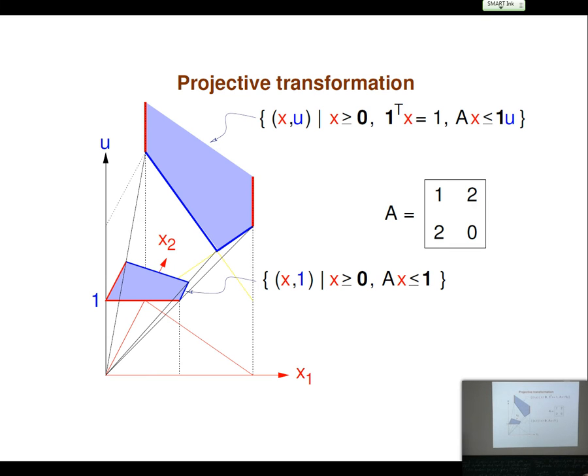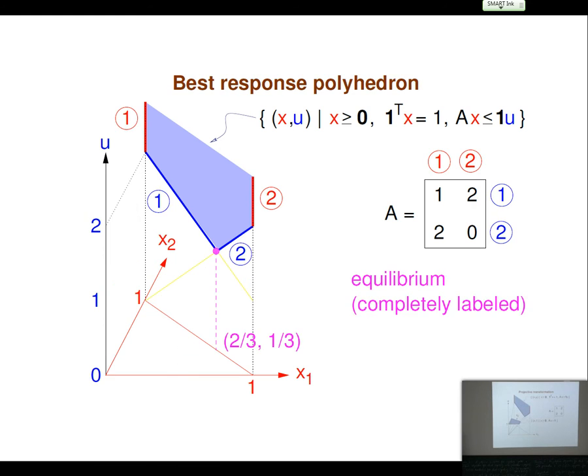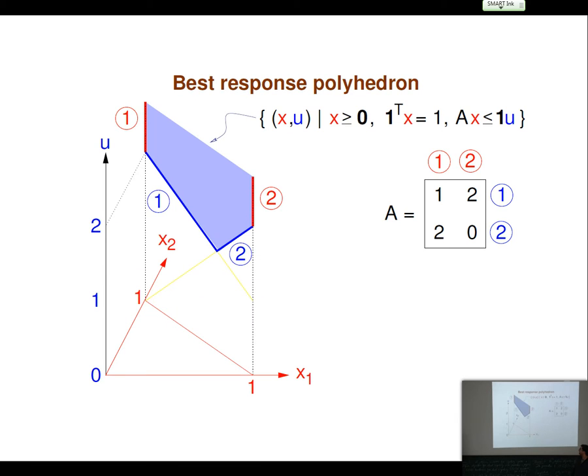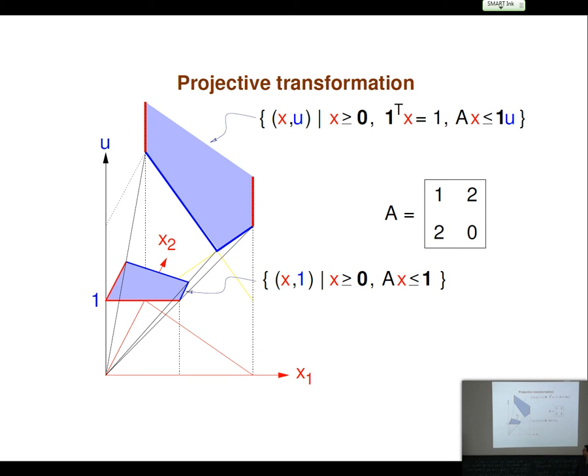Actually, the origin is going to be the starting point of the Lemke algorithm that we'll see in a minute. So the U is not disappearing, it is encoded now in the sum of the x's, because that was constant, now it's 1 over this. So we don't lose information. We throw away the constraint that the x's sum up to 1.